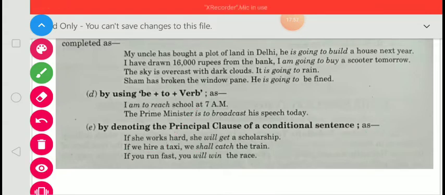Keep in mind that this is done in a conditional clause. If you run fast, you will win the race. If I go to Mumbai, I will bring a camera for you. So there are so many examples. Okay students, thank you and see you in the next video.